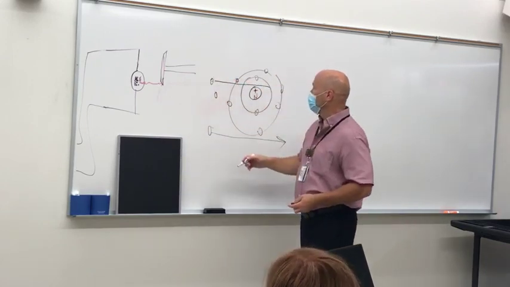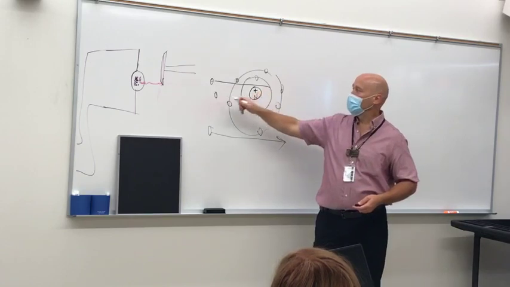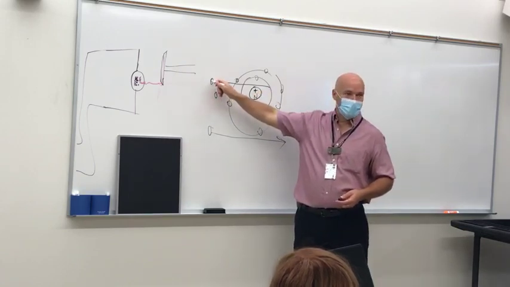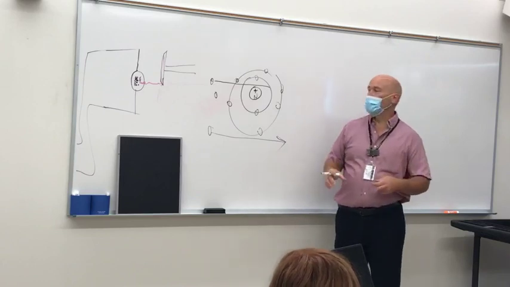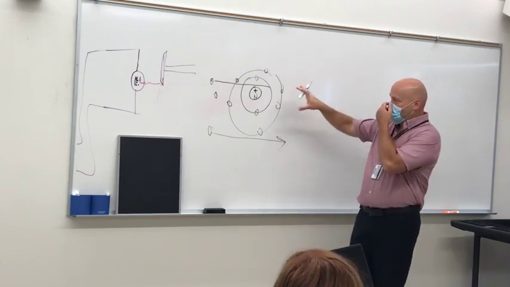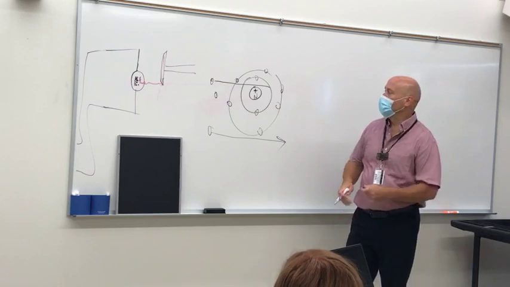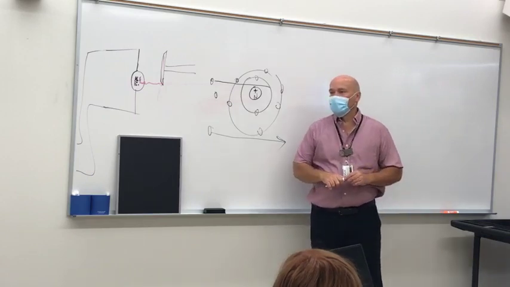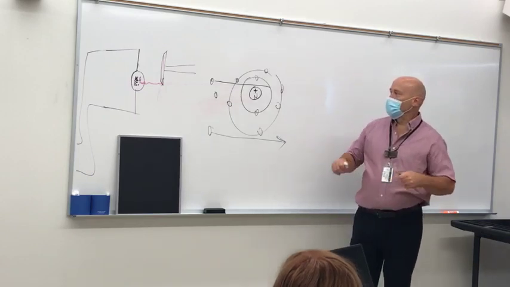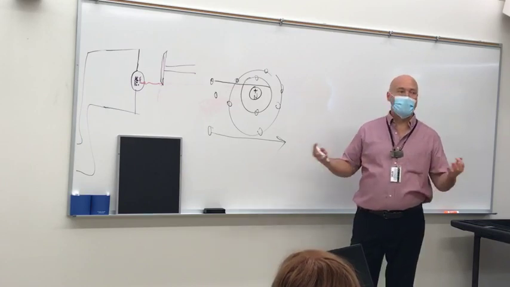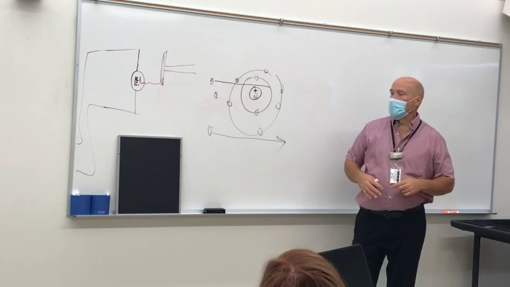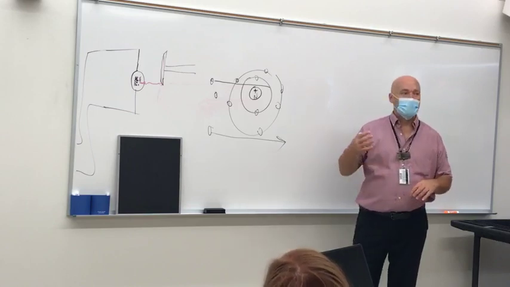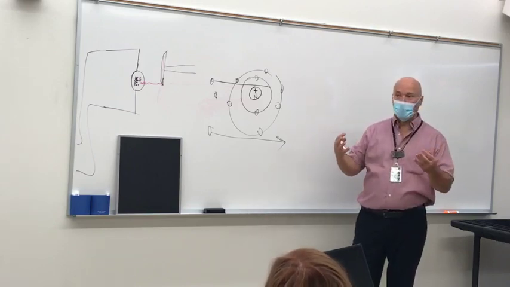Now, what do you have in the nucleus? Protons. What is an electron? Negatively charged. Proton is positive. Opposites attract. So we can think of the model this way: let's say we've got a meteorite that's traveling through the solar system, and it gets within the gravitational pull of the Earth.